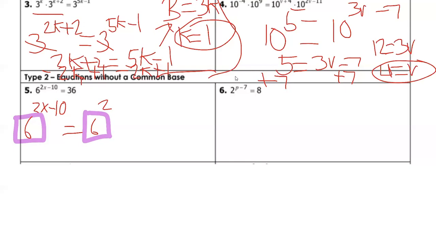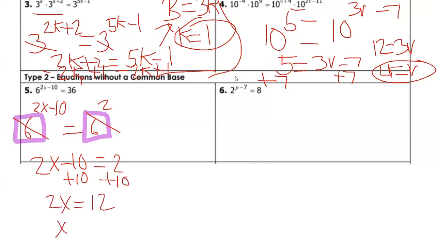But then once you've got the same base, you can get rid of your base, set the exponents equal to each other, and then just solve this basic equation. Get 6. And you could always plug this back in and check to see if it works or not if you want, but that's up to you if you're motivated.